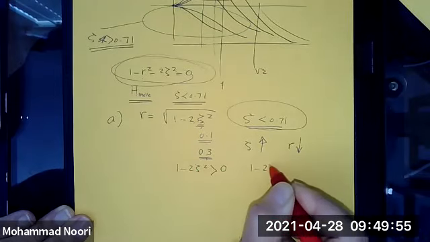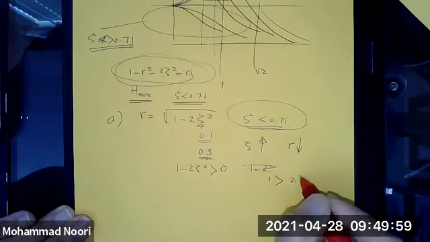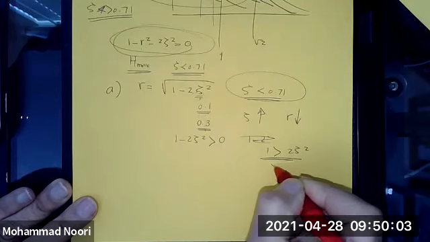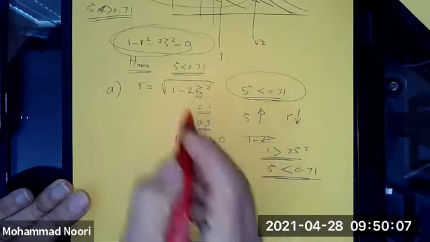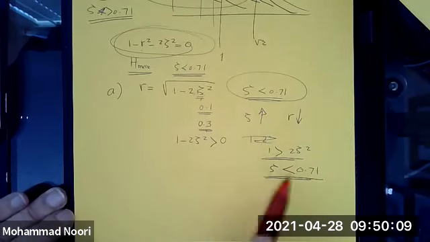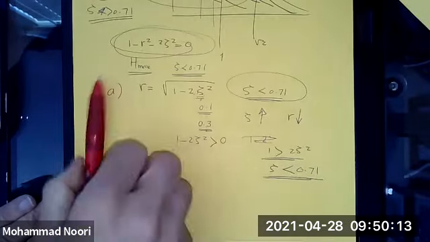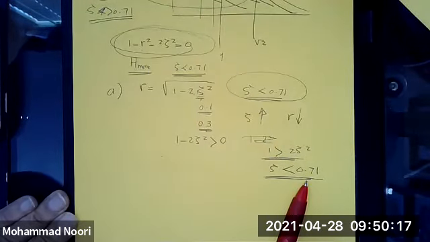So 1 is greater than 2 zeta squared. So zeta is less than 0.71. So even from here, you can see that what we claim is true. That is, for this peak value to occur, zeta is less than 0.71.